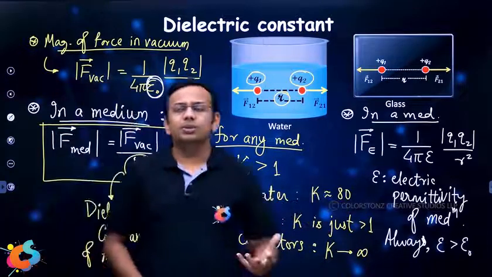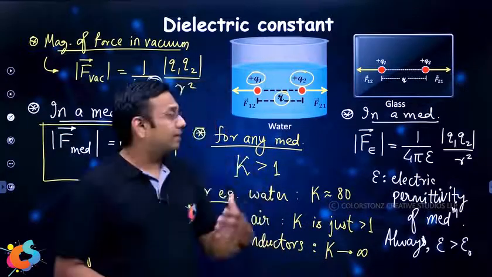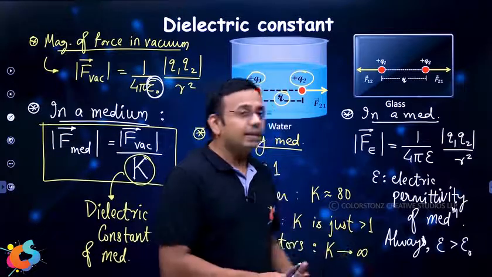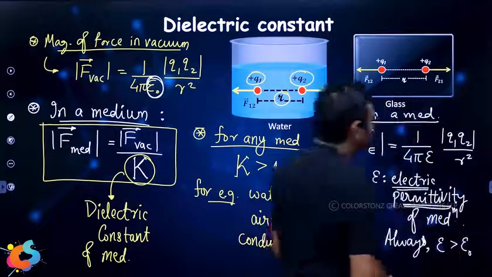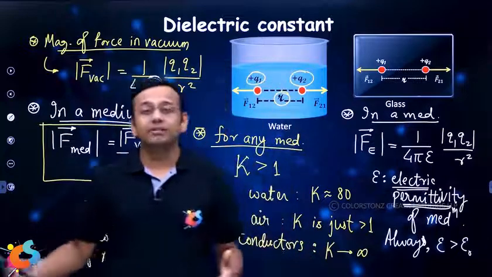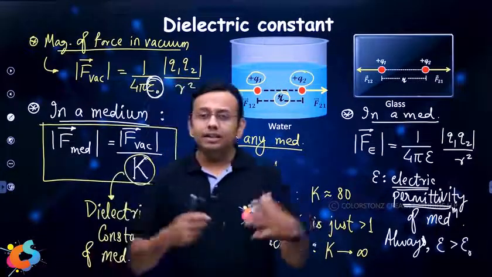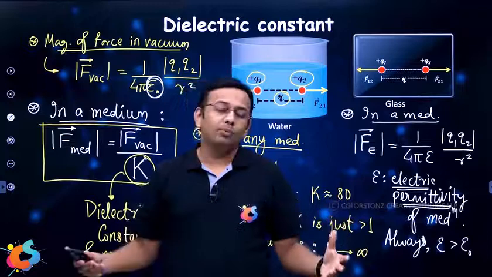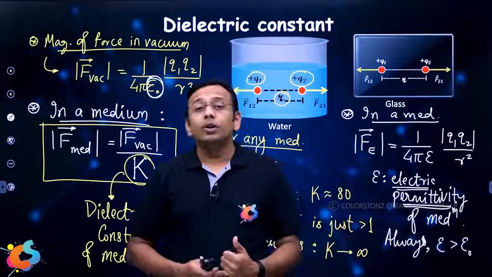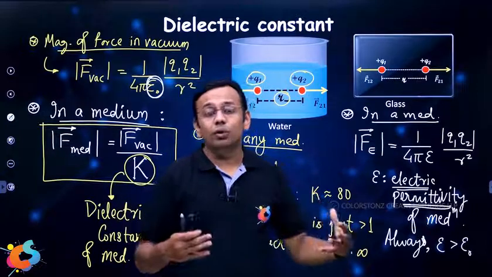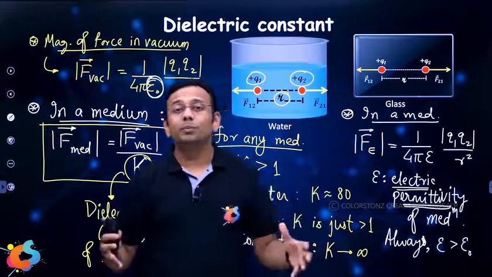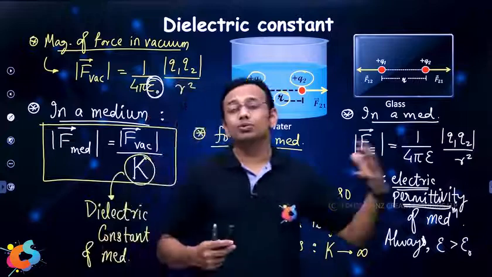From here, we can also think about the physical significance of this electric permittivity. What are we trying to say when we say electric permittivity? This is the characteristic property of a medium which decides how much it permits the electric force, the electric influence, to go through it.